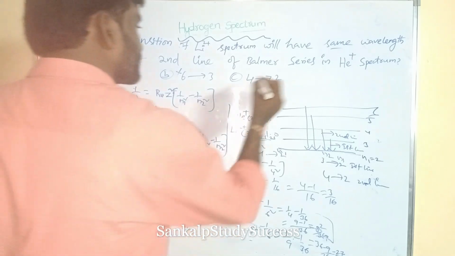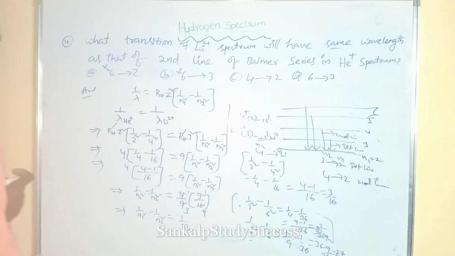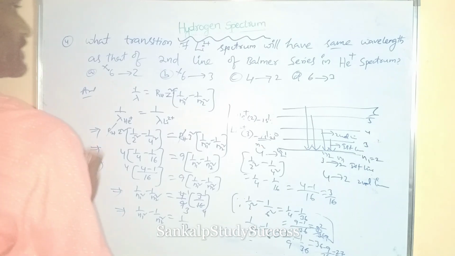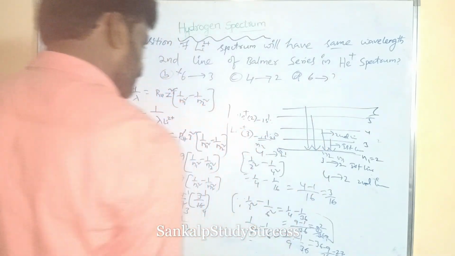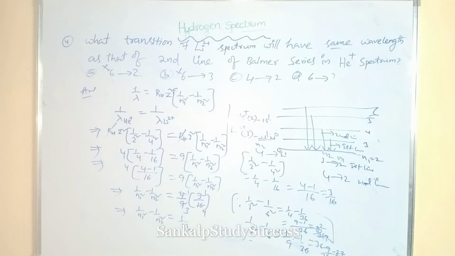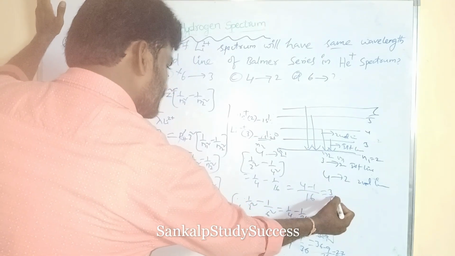Right, another transition is also given, 6 to 3. 6 to 2. So 4 to 2 means, what is its value? Right, 3 by 16.